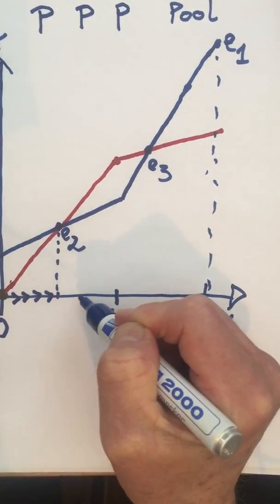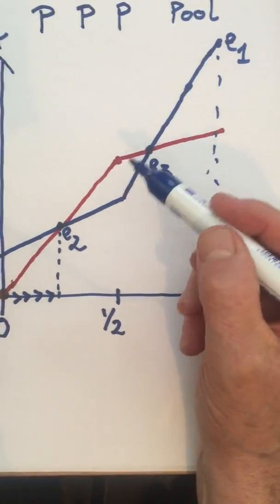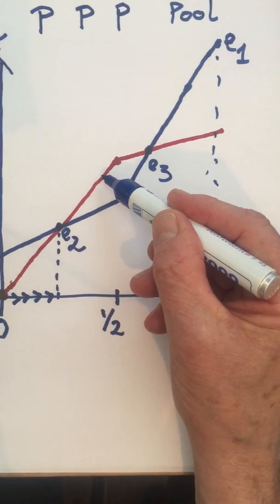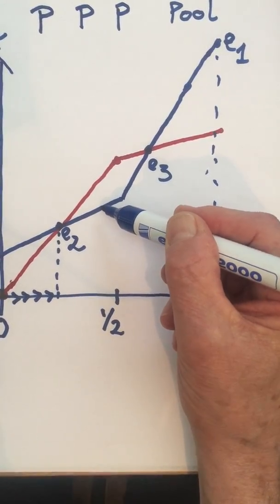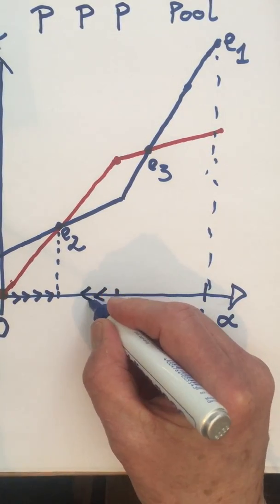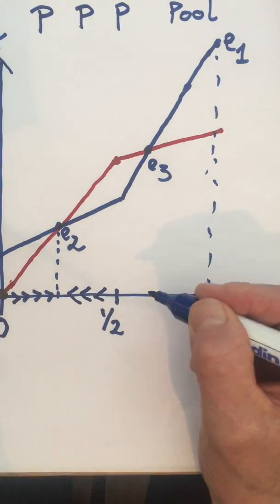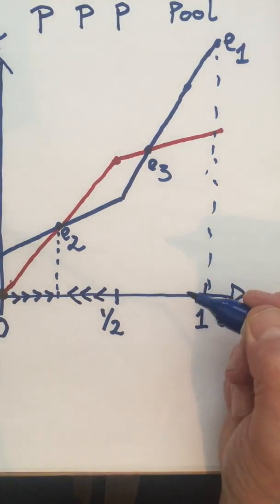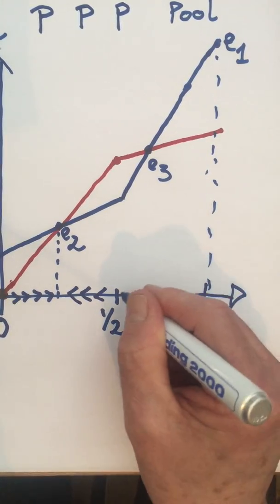If you are to the right of this E2 level, then we see that the profitability of being a parasite, the red curve, is higher than the profitability of being a producer, the blue curve. So in that case, the dynamics must go in the other direction. It's now more profitable to move into parasitic activities. So that means that the share of producers declines.